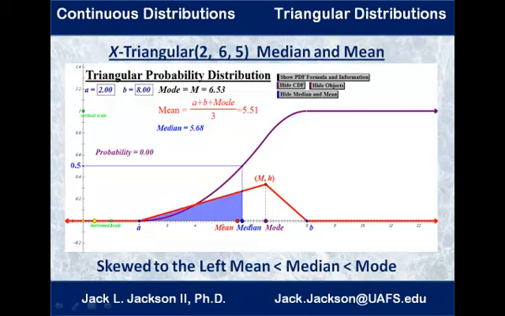Now, what about the mean and median of a triangular distribution? Let's take a look at this. It turns out that the mode you already know, right? The mode is the x value that goes with this highest point.